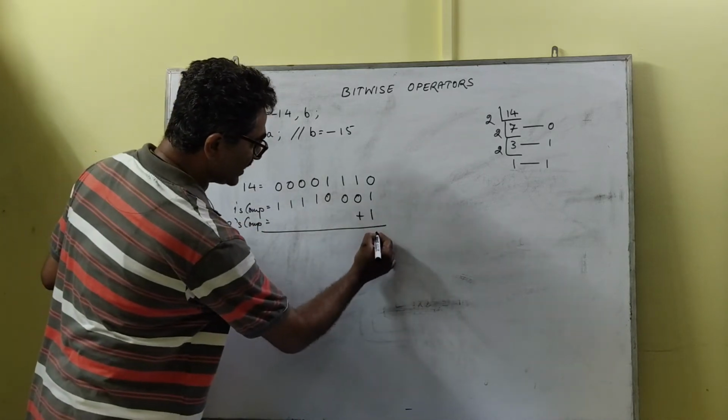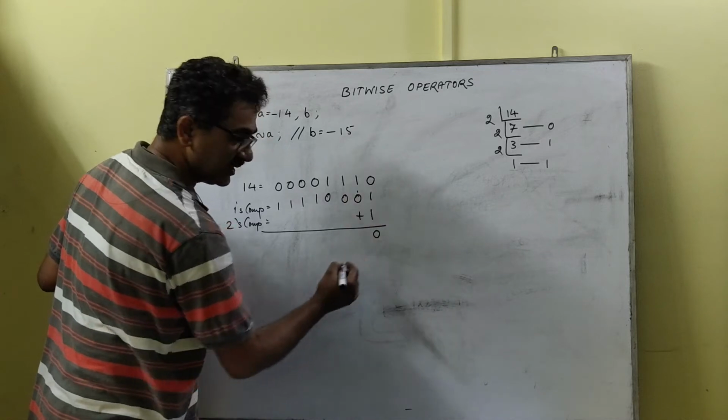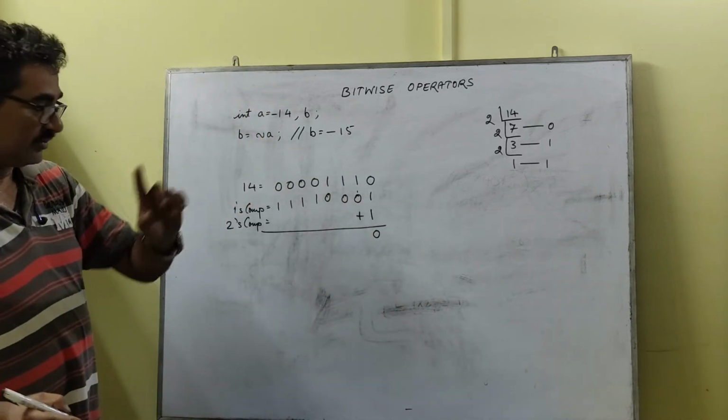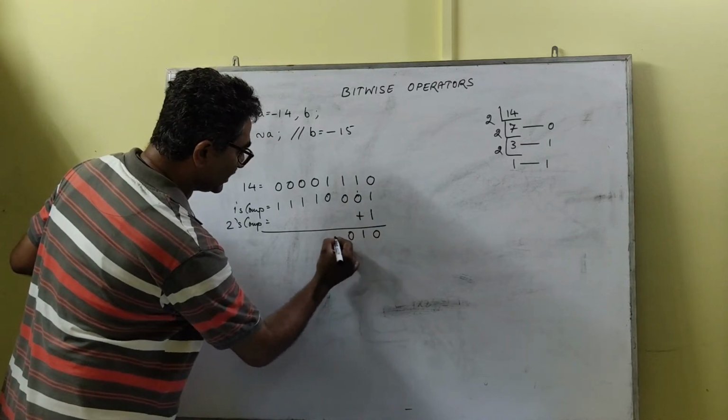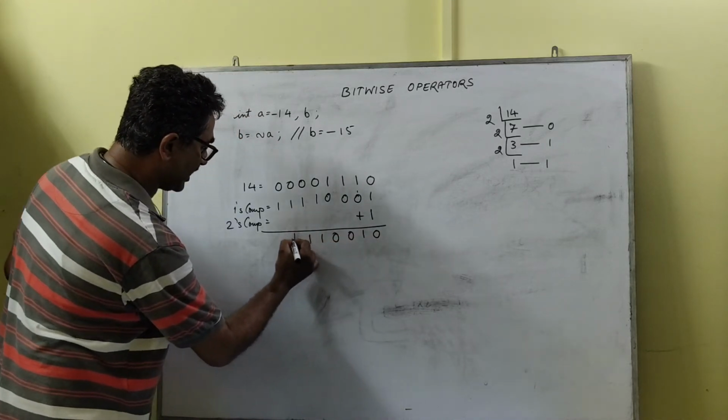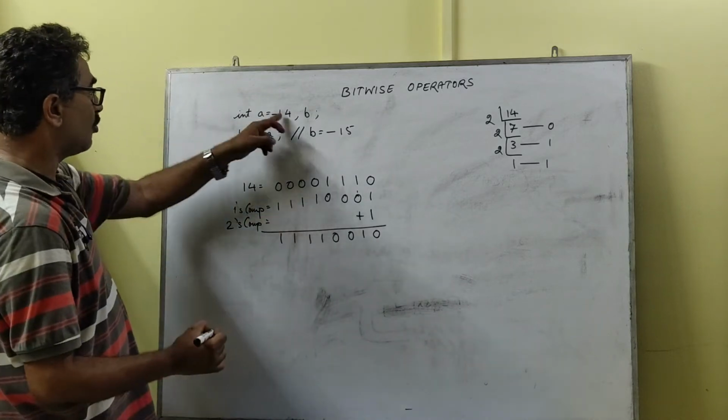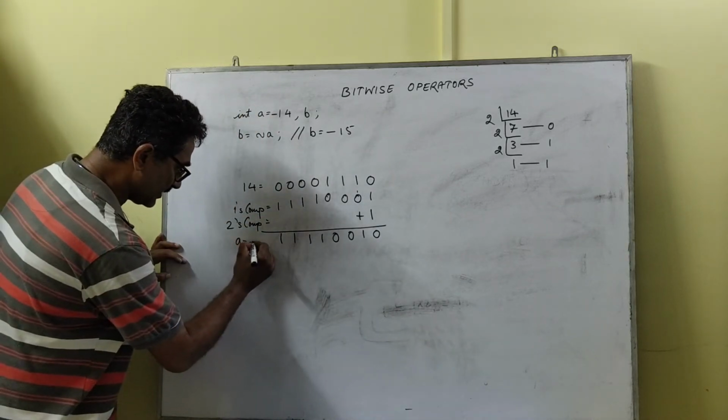Now you can see 1 plus 1, 0, carry over 1. I believe you remember which I had said earlier. So 1 plus 0 is 1, this is 0, 0, 1, 1, 1, 1. So this is what minus 14 is.